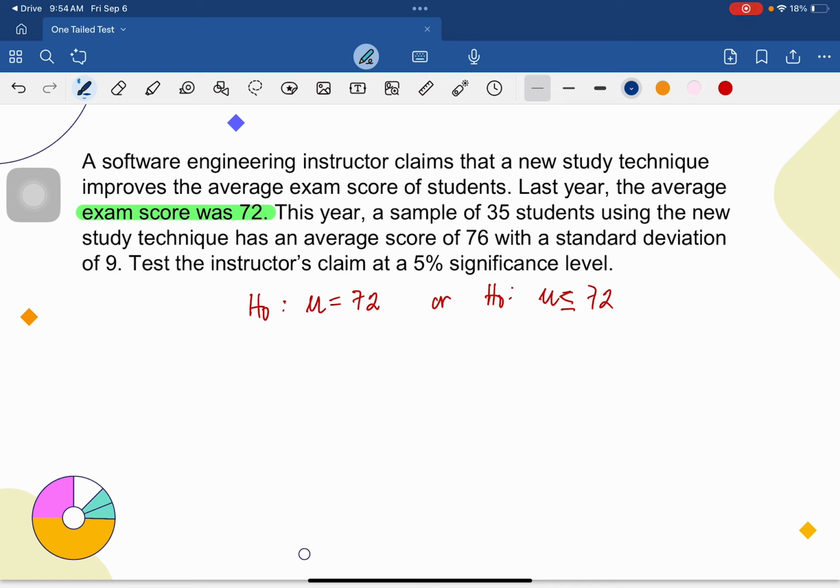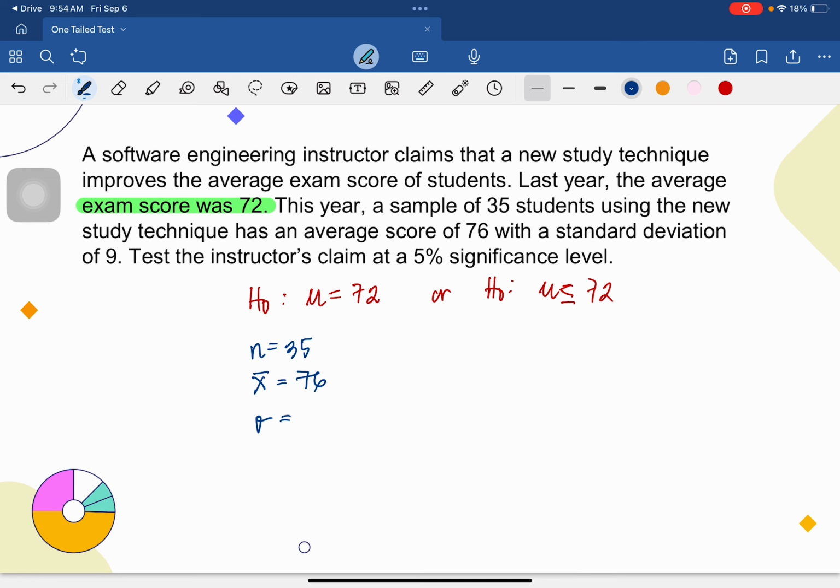From this, we have a sample size of 35. We have a mean, which is here 76. And then we have a standard deviation given. I think it's 9. There you go. And then we have a population mean.